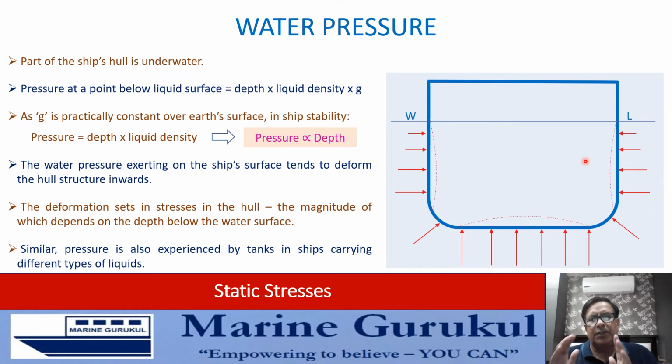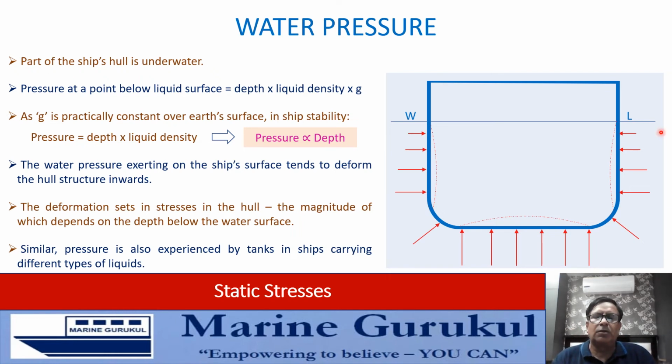Similar situation is also experienced by all the boundaries of tanks carrying liquid inside the ship. Here we had the water outside the hull of the ship exerting this force inwards. If you have a tank which has its boundaries, bulkheads, sides, whatever, so if it carries liquids, it will also exert similar stress on all the boundaries of the tank, and obviously that will be acting outwards.